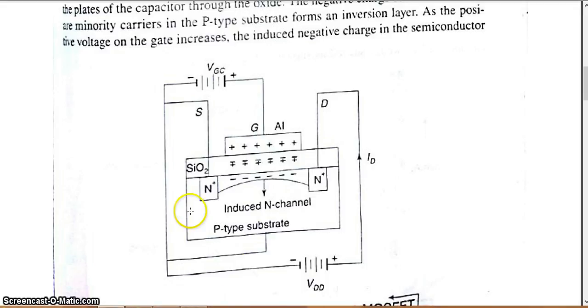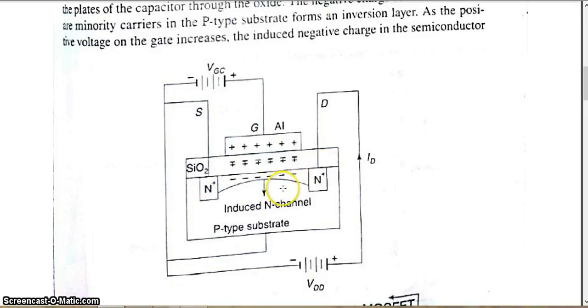In this MOSFET, on a P-type substrate, heavily doped N-type materials are diffused. Two N-type materials are diffused. This one is known as source and this one on the right side is known as drain. And over this, a silicon dioxide layer is fabricated.